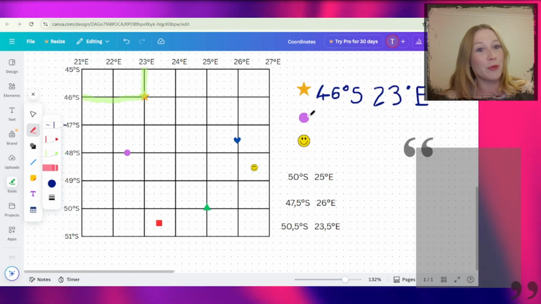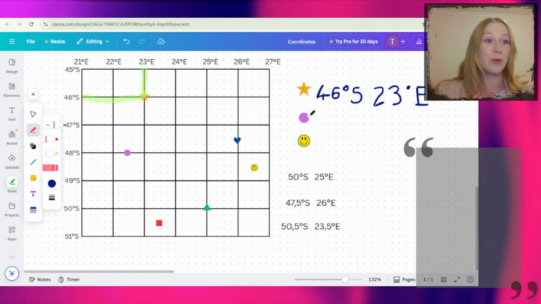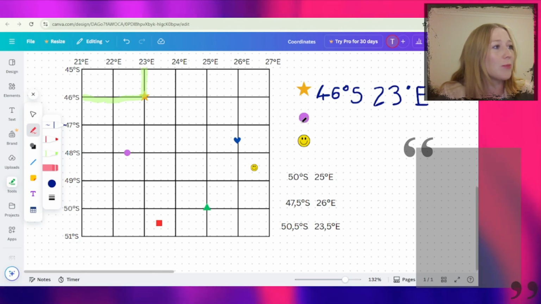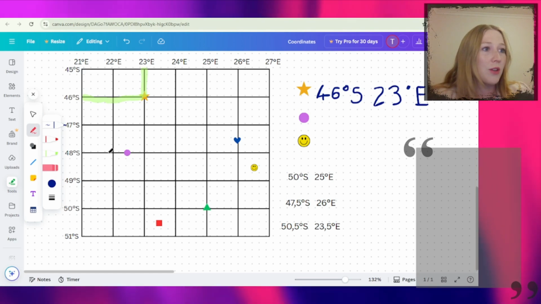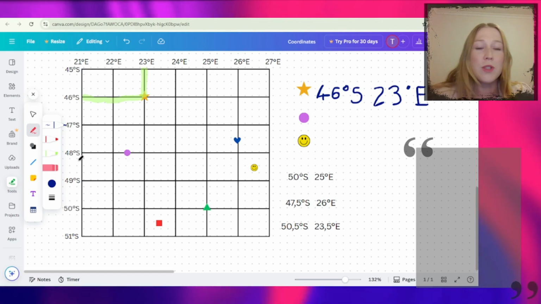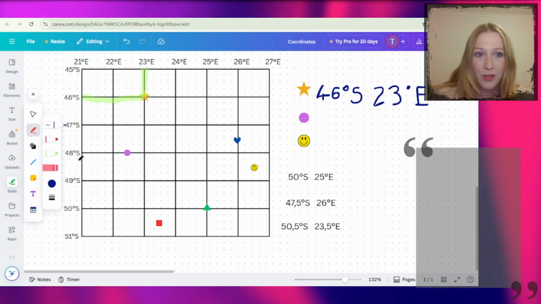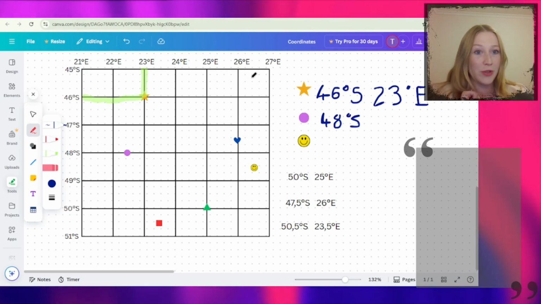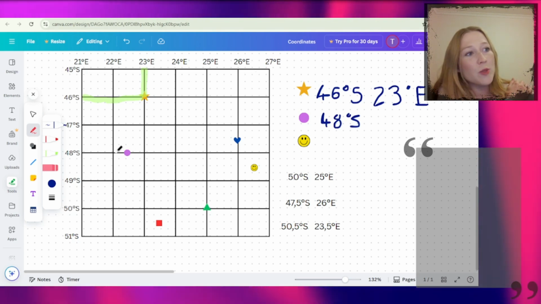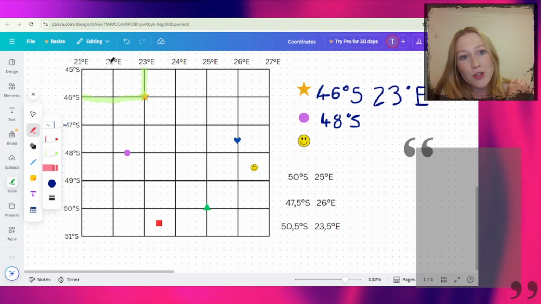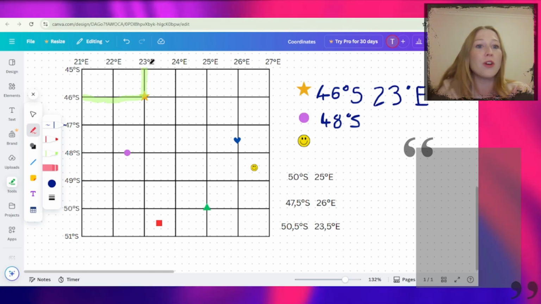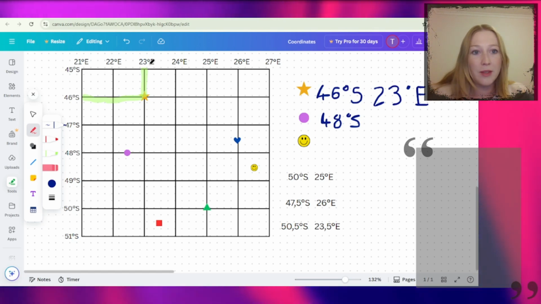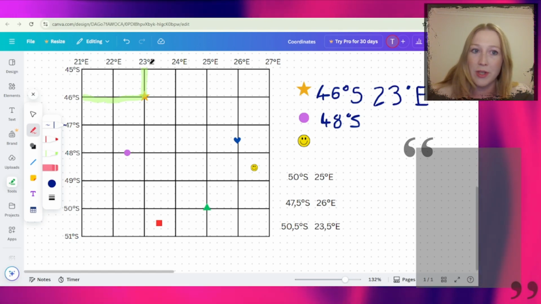There we go. It's going to become a little bit more difficult now. Don't worry. We now have the little purple circle over here. Let's start with south. We follow the line. We see it's 48 degrees south. So far, so good. Now, this is where it gets a little bit tricky. Do you see that it's between 22 degrees east and 23 degrees east? So it's not on a specific degree. It's between 22 and 23.